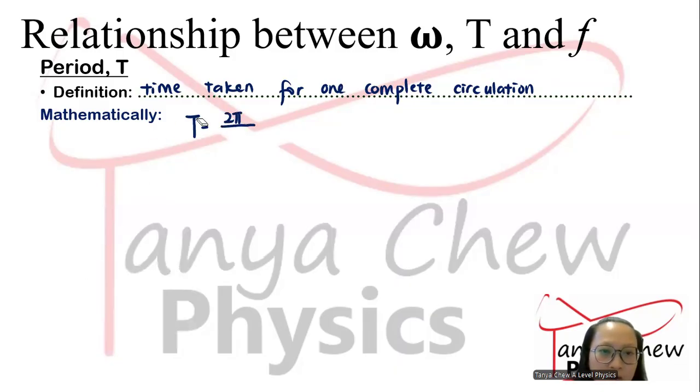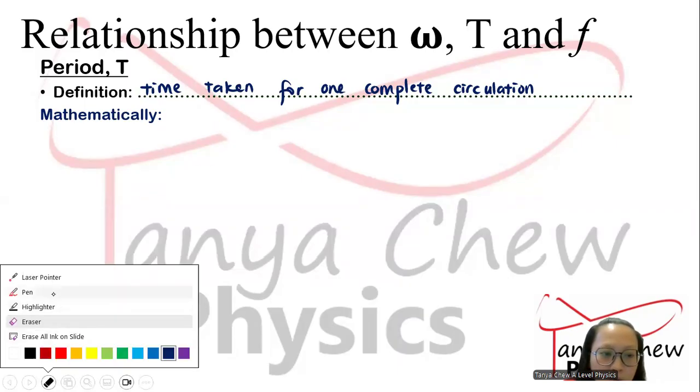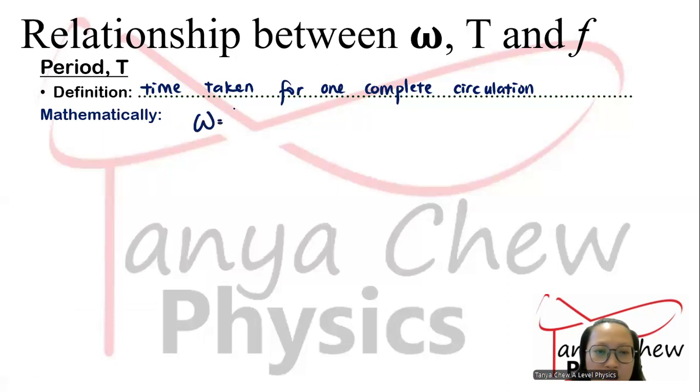Okay, I better write it down. The relationship: omega, angular speed, is equal to 2 pi over period. So if you want to make period the subject, period is equal to 2 pi over omega, any one of these. The unit of period is still second. Period is a scalar quantity.